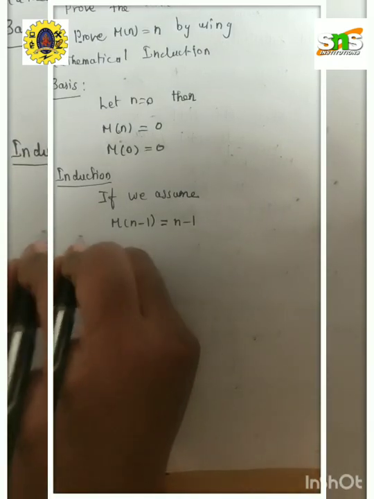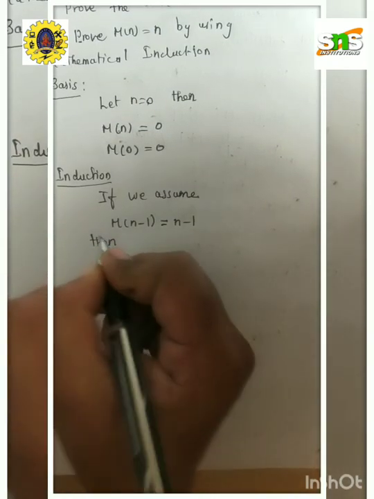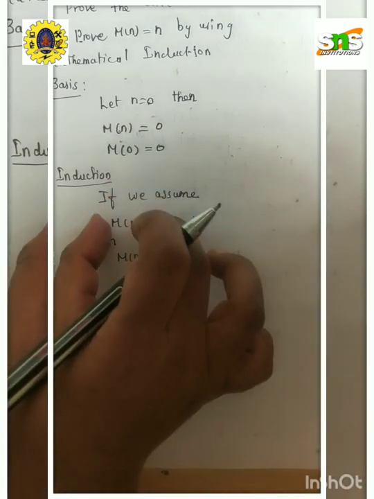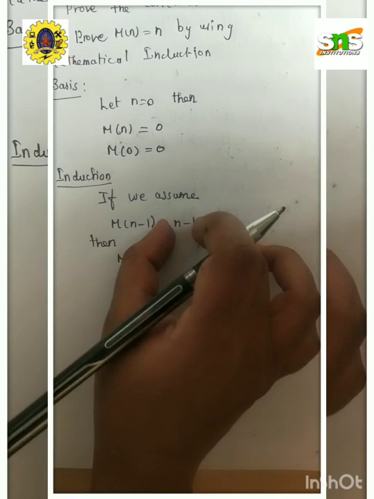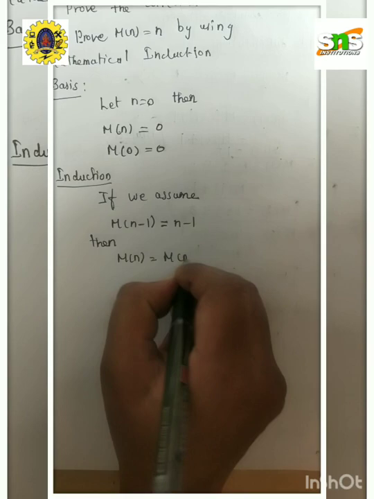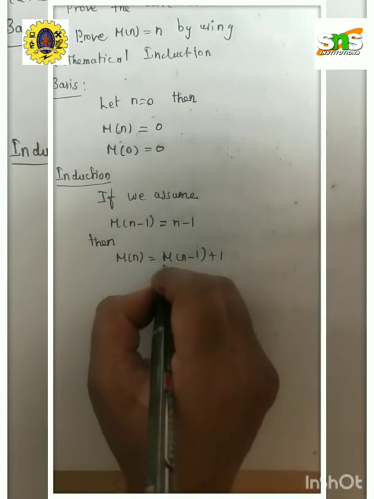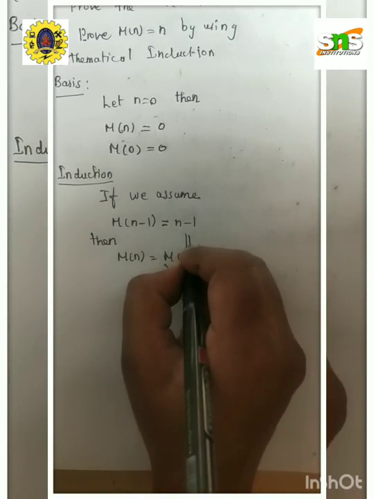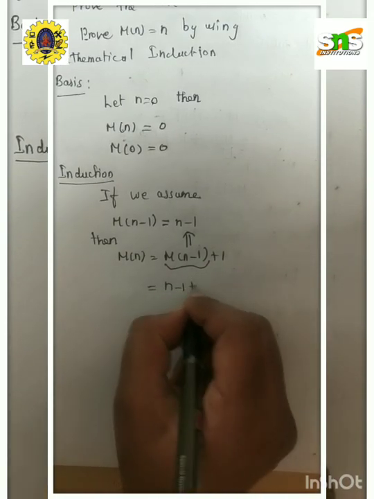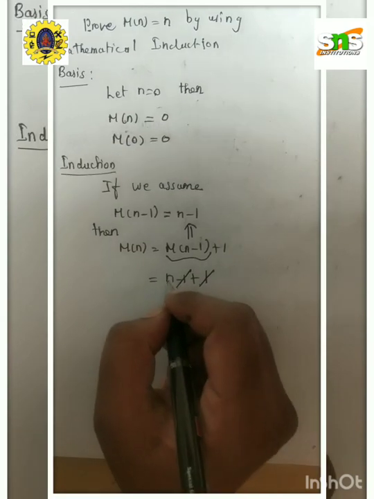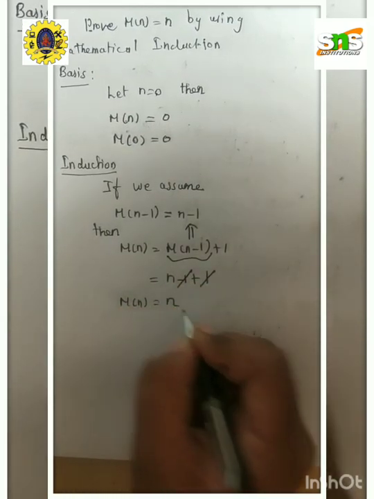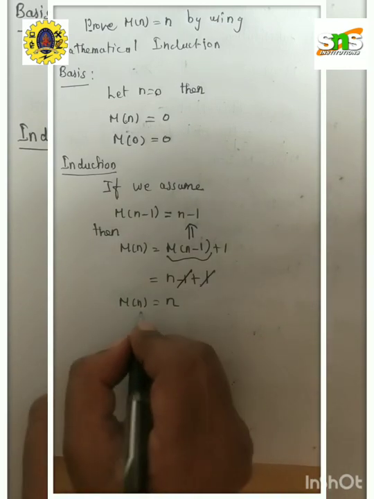Then m of n equals, instead of m of n, I substitute the value m of n minus 1 plus 1. Here I replace this with this one, equal to n minus 1 plus 1. So what happens? M of n is equal to n. This is one method.